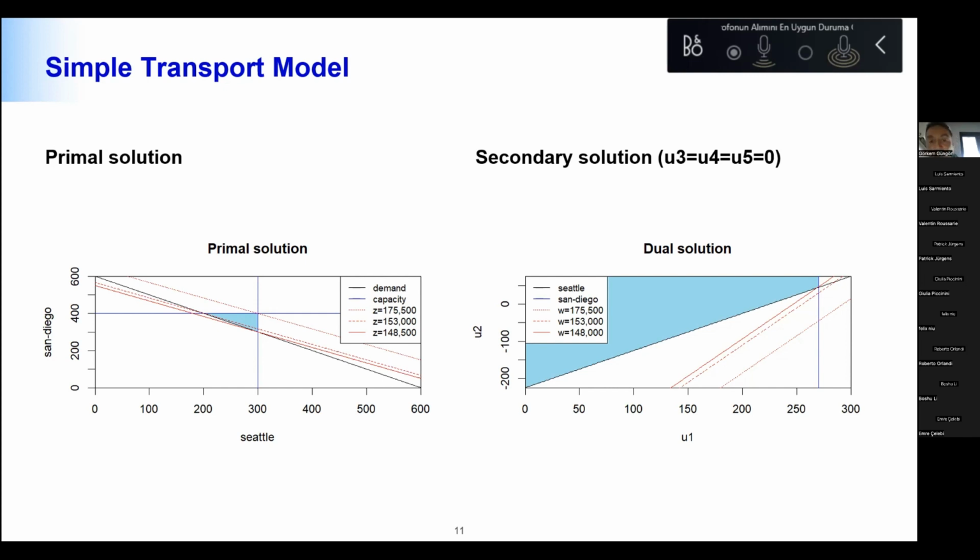And as our activity is the same in the primal solution and the dual solution, and as price equals the marginal cost, economically, we can say that our total welfare equals our total cost.